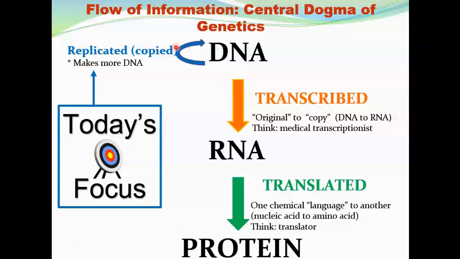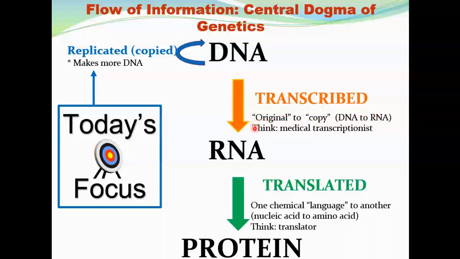So this is the grand scheme, the central dogma, the flow of information of genetics. DNA replicates itself. It's transcribed. And when you think about transcription, think original to copy. So a DNA to an RNA.